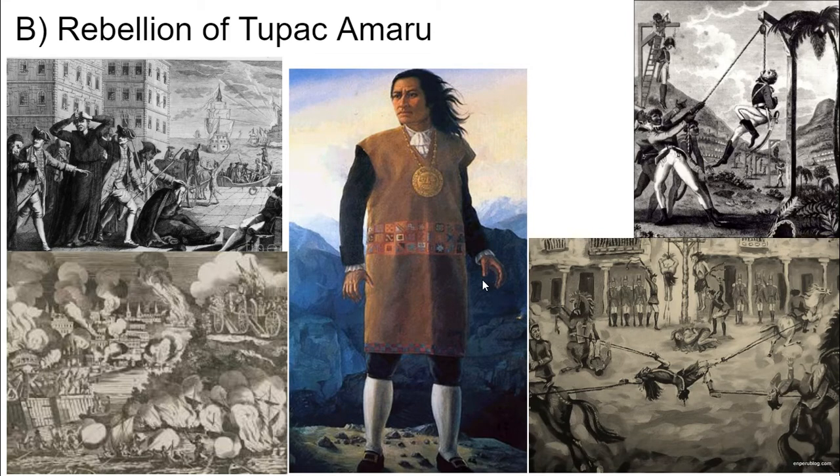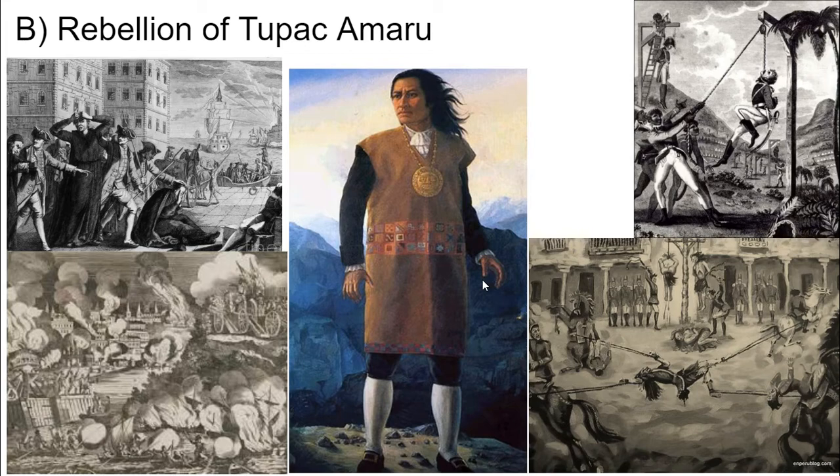Then there's a massive Native American rebellion. A Native American leader who goes by the name Tupac Amaru claims to be the reincarnation of the last Incan emperor and raises the Native Americans up in revolt to crush the Spanish and to take back their lands.